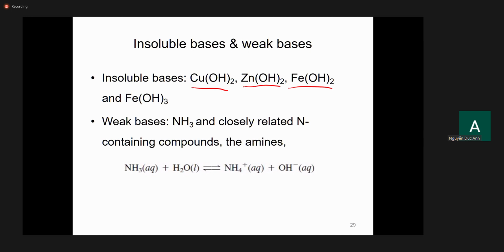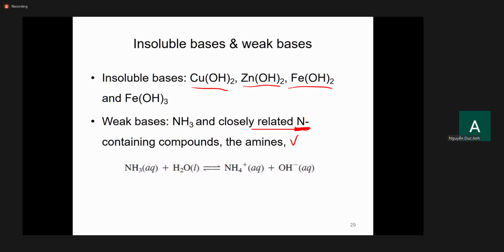And the other side is a weak base. Weak base normally contains a nitrogen atom in the molecule, and we call that functionality in organic compounds an amine.